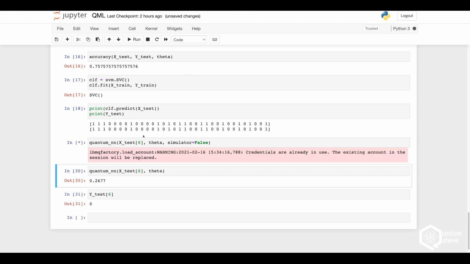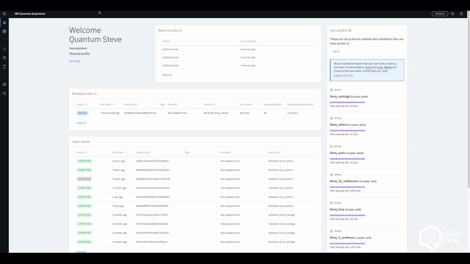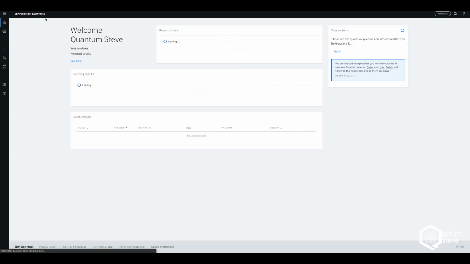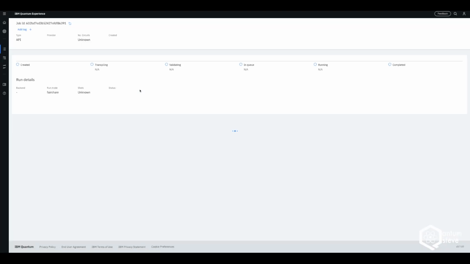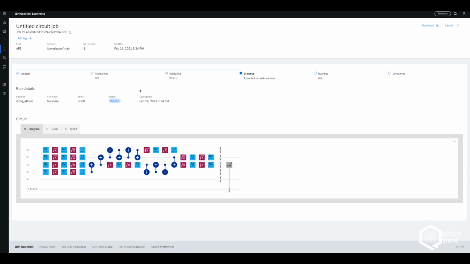So I'm just going to be executing this here. And so now if I head over to the IBM Quantum Experience, and I'm just going to refresh the page here. And so yeah, so now here I've got a program that I'm running, a quantum circuit. So now I'm just going to click on this here. And as you can see here, this is our quantum circuit.